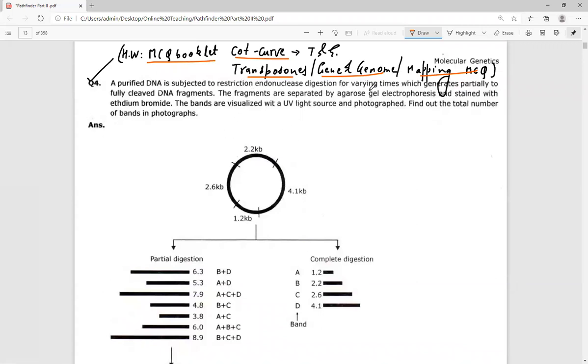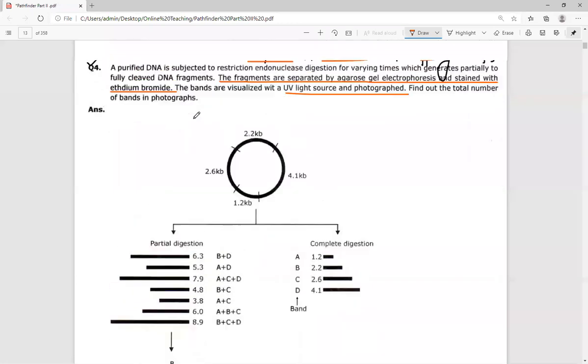The fragments are separated by agarose gel electrophoresis and stained with ethidium bromide. The bands are visualized under a UV light source and photographed. Find out the total number of bands produced in the photograph.